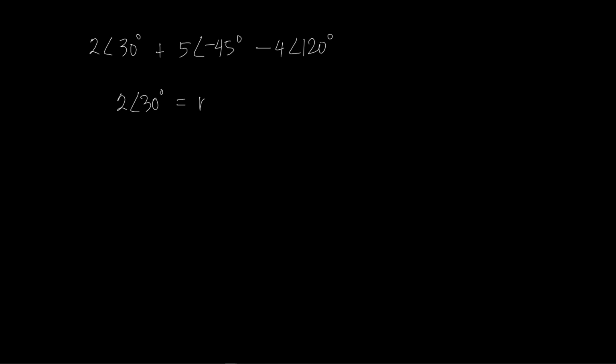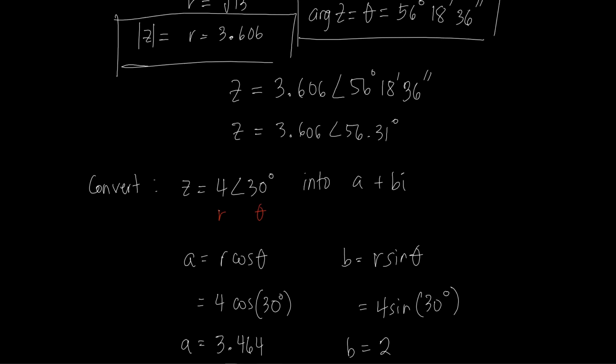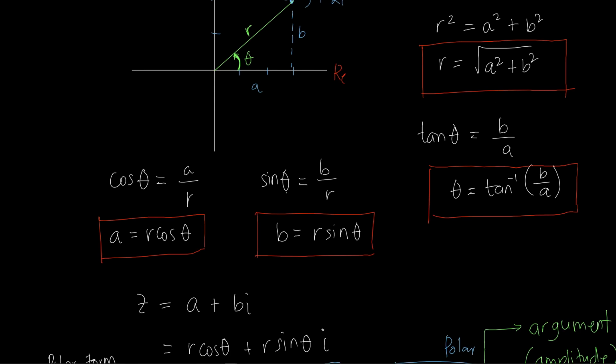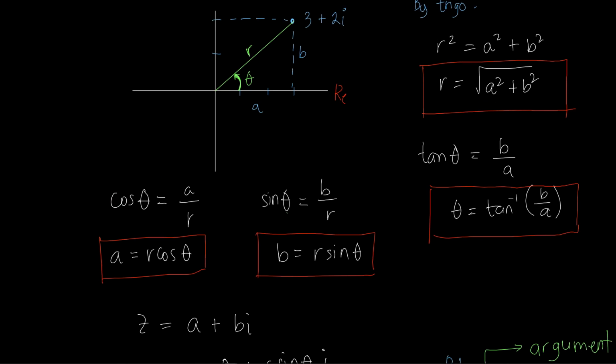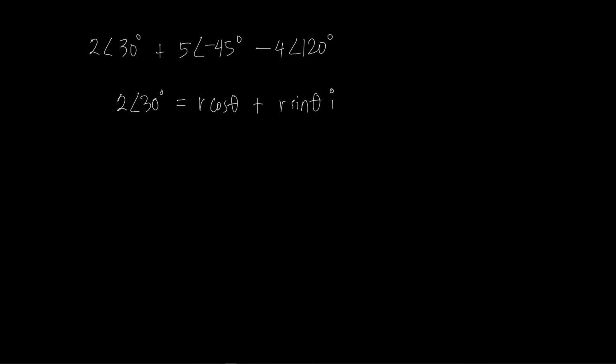It is r cosine theta plus r sin theta i. Right? This gives us a and b. Recall? Okay, so what is it?